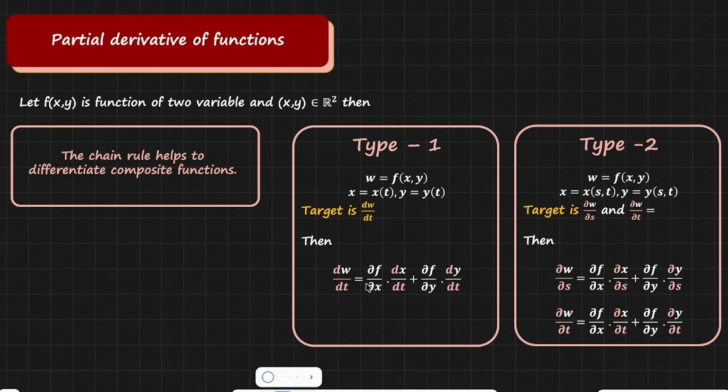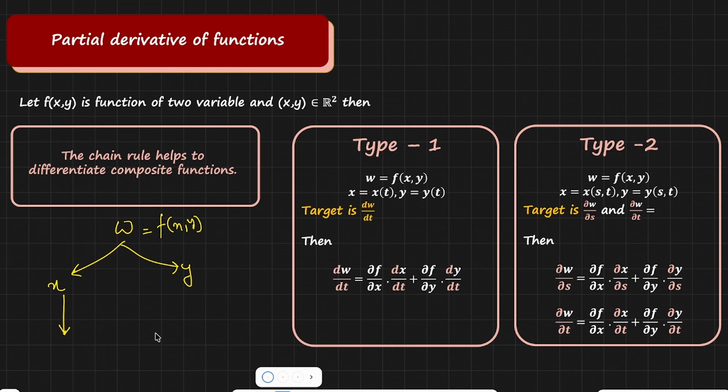The second type of question is this: if w is f of (x, y), now w is depending on x and y, but x is depending on r and s, and y is also depending on r and s.